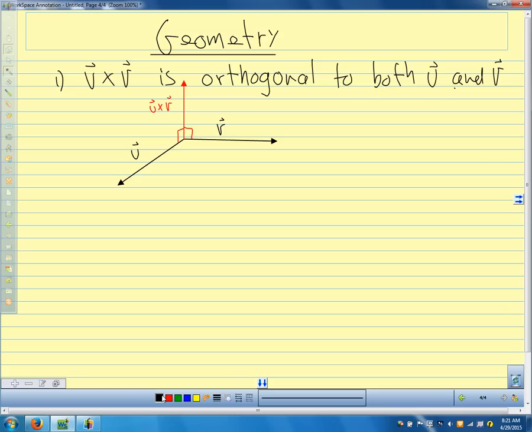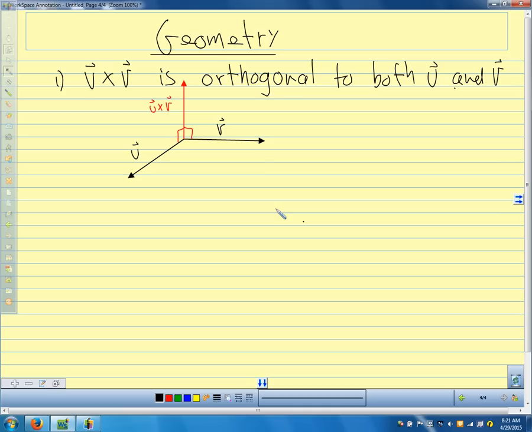And this is why we waited until we started talking about 3-dimensional vectors to find cross products, because when we take a cross product of 2 vectors, we get a vector that's not in the plane of the other 2 vectors anymore. So we have to talk about 3-dimensional vectors. So this is an important property that we use cross products for often.